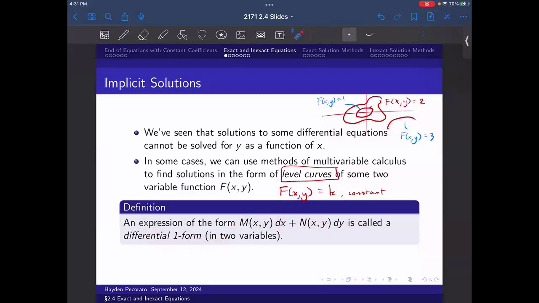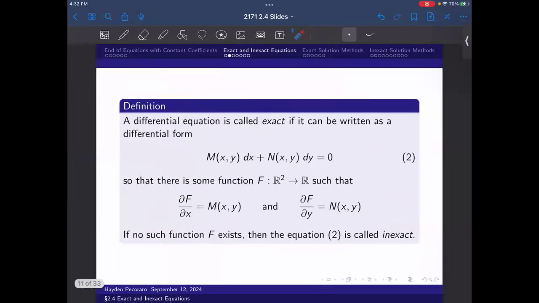And we want all of our exact equations to be written looking like this. A differential equation is called exact if it can be written as a differential form like this, equal to 0, so that there is some two variable function f, that spits out real numbers, with the derivative with respect to x equal to M, and the derivative with respect to y equal to N. Basically, you want M and N to be the derivatives of a single function.